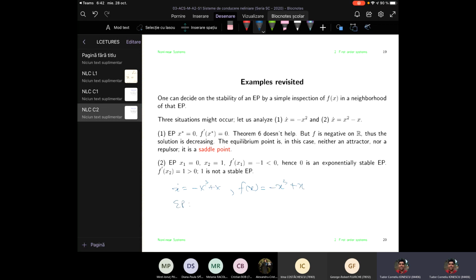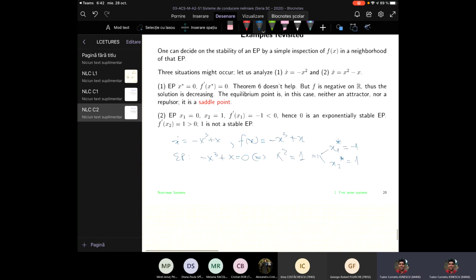The equilibrium points: minus x to the power 3 plus x equal to 0. That means x squared is 1. That means we've got two equilibrium points, x1 star is minus 1, x2 star is 1, just as we have seen before.